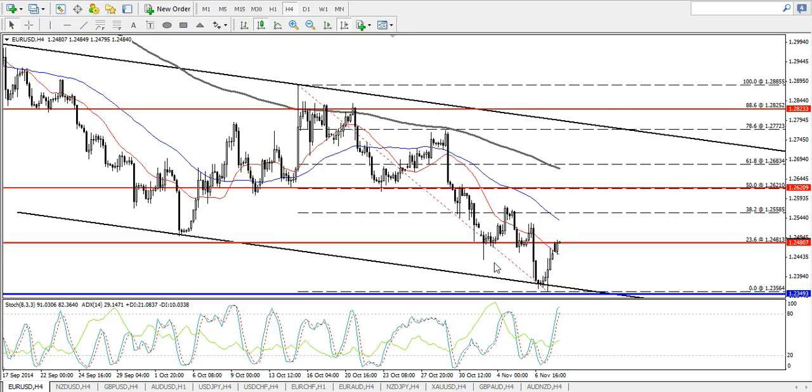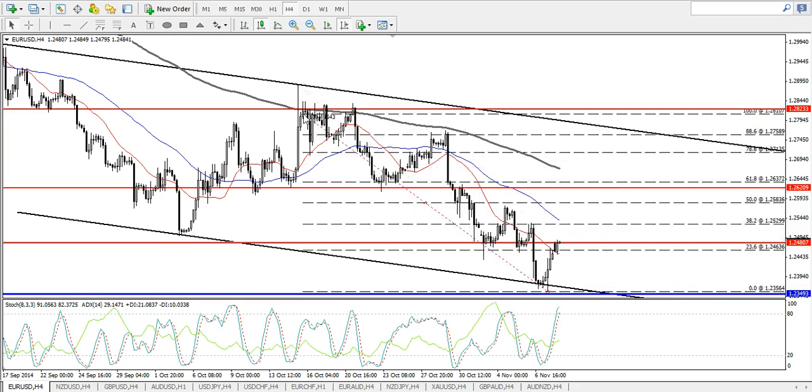The very first level that we are looking at right now is basically the current price of 1.2481 at the retracement level of 23.6%, and subsequently we'll look at the rest of the Fibonacci retracement levels.